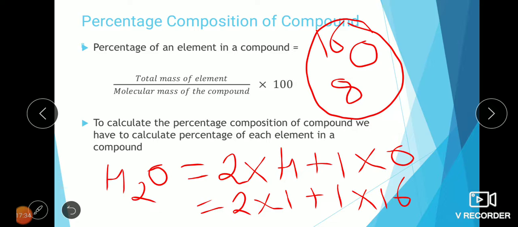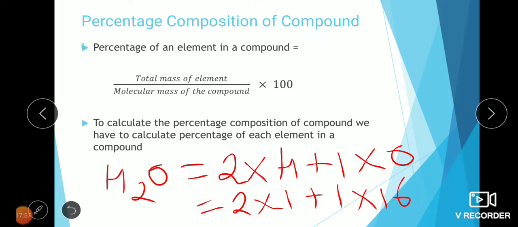To find the number of neutrons, which we did in 7th standard, atomic mass number minus atomic number gives the number of neutrons, that is 16 minus 8 is equal to 8. So oxygen has 8 electrons, 8 protons and 8 neutrons, but here we are concerned with molecular mass. So the molecular mass of water is 18.